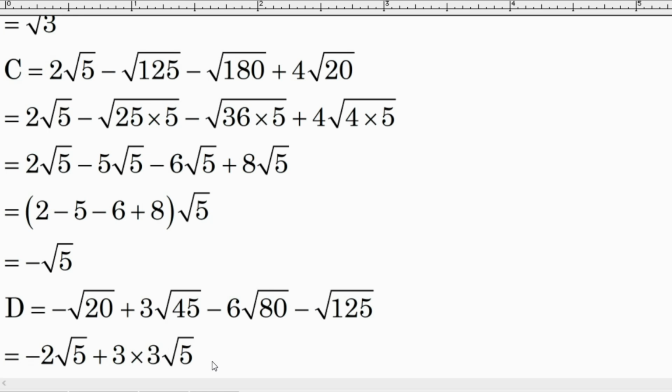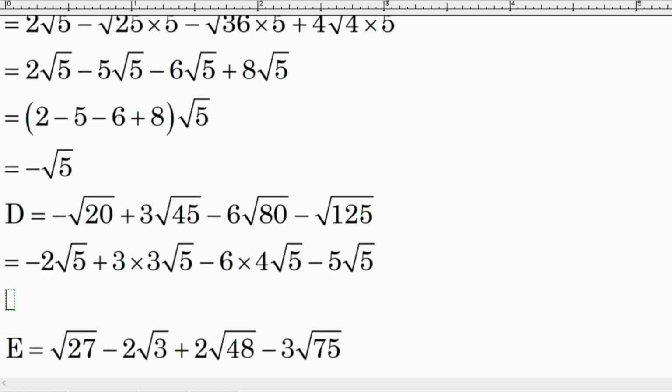Okay, and then minus 6 square root of 80. So 80 could be written as 16 times 5, and square root of 16 is equal to 4. So we will get 6 times 4, and then square root of 5. Okay, and then minus square root of 125, which is equal to 5 square root of 5.